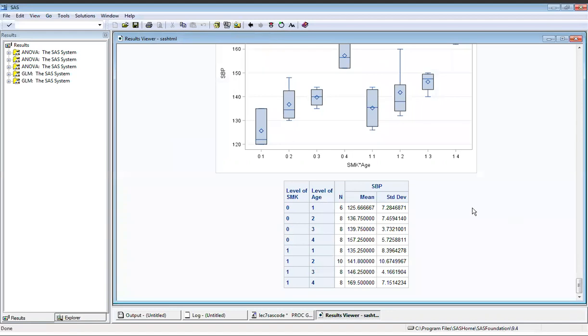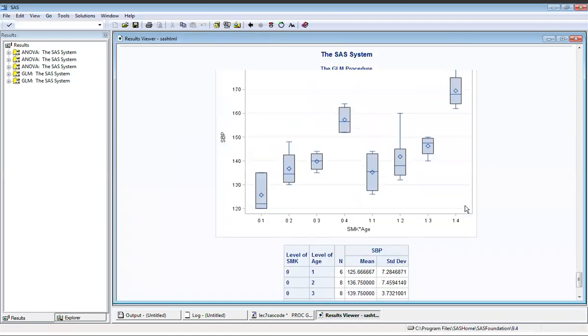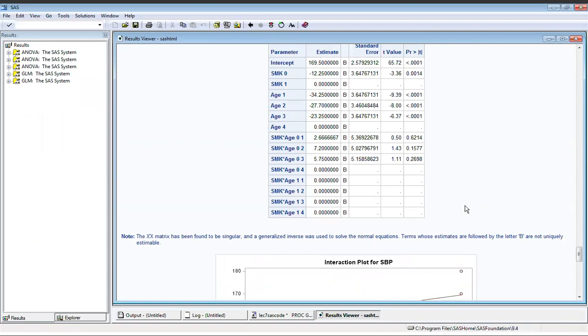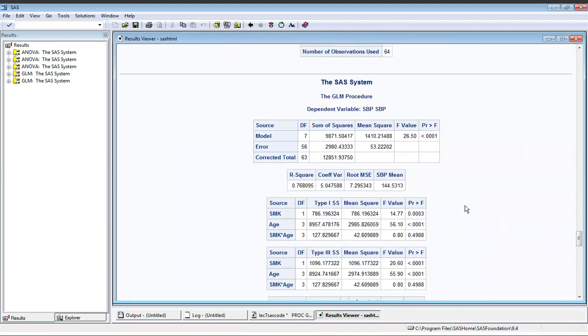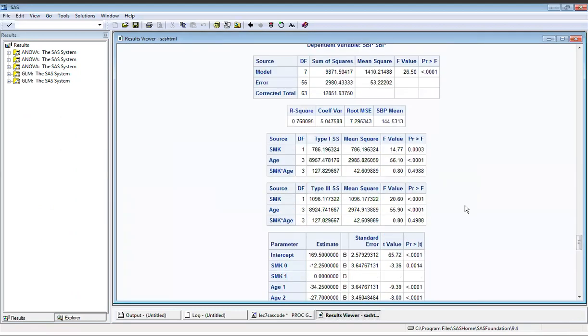So after we run it, if you still remember, we talked about this output. The first one is not really the ANOVA table we're going to use because it combines the three effects together.